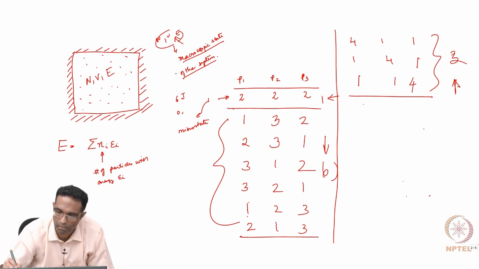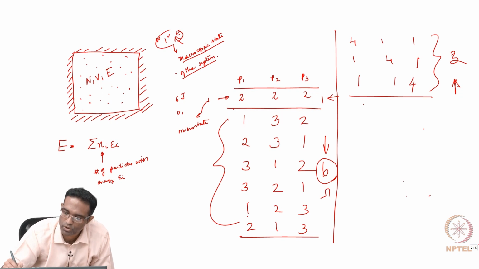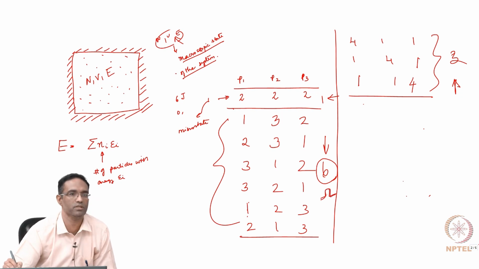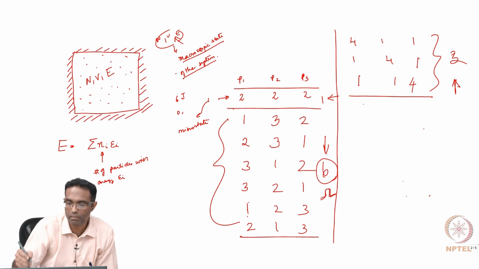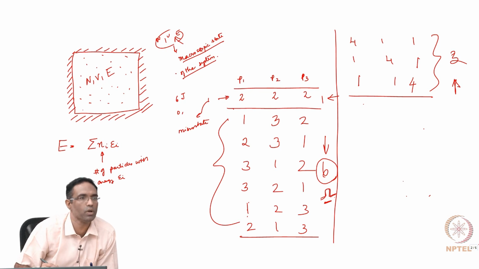This number is called the total number of microstates, or the number of complexions, the number of ways you can achieve this particular microstate. When you have a large number of atoms, this number is going to be so large that you are going to see it when you examine the system.